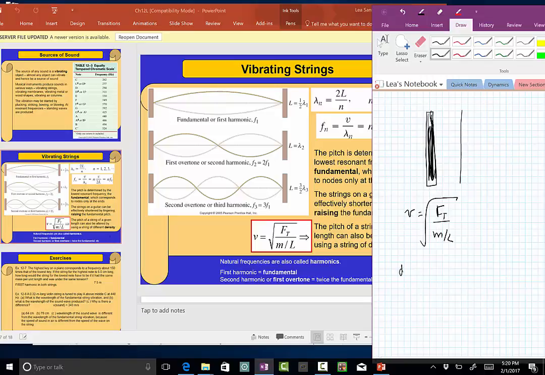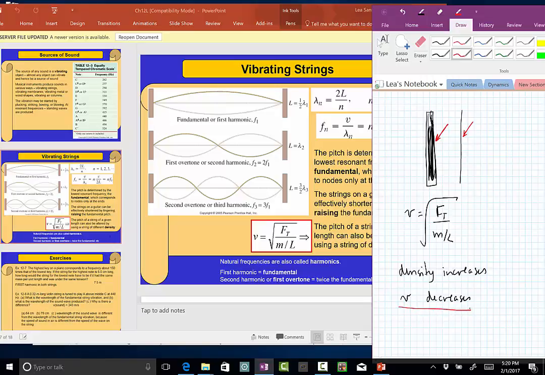Okay, so let's write this down. Density increases, then v decreases. So as I change from this thin string to this thick one, what I do is decrease the speed.